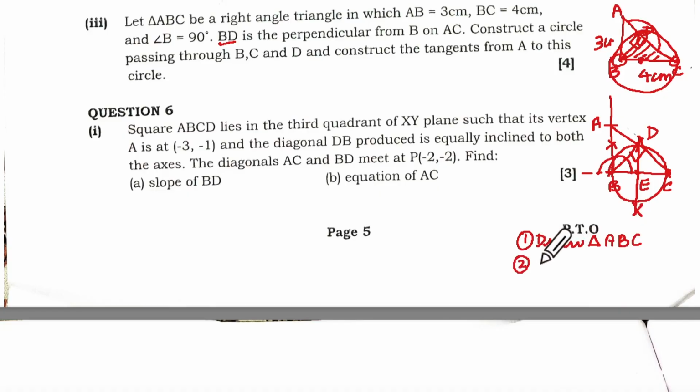Then second one is, since BD perpendicular to AC, D lies on circle with BC diameter.